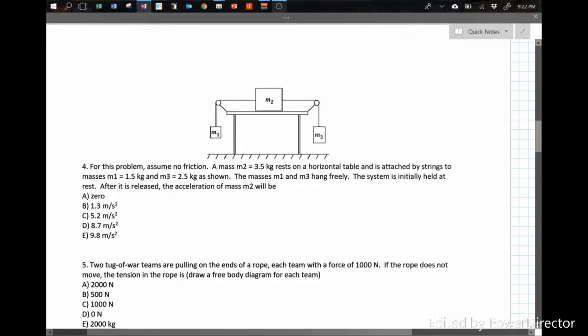All right. Here's a great problem. We have three masses connected by pulleys, and we want to know the acceleration of mass 2. So, again, the first thing that we do is reduce the system to one mass and one force.